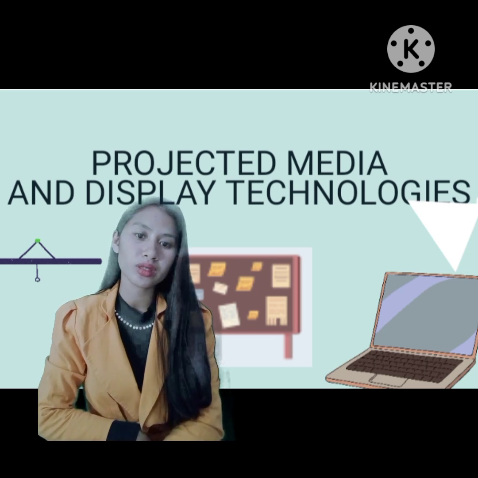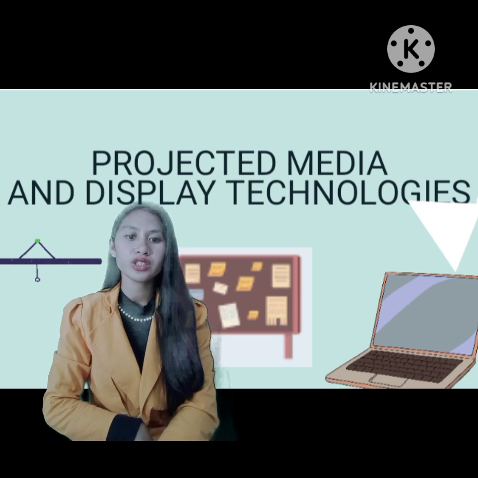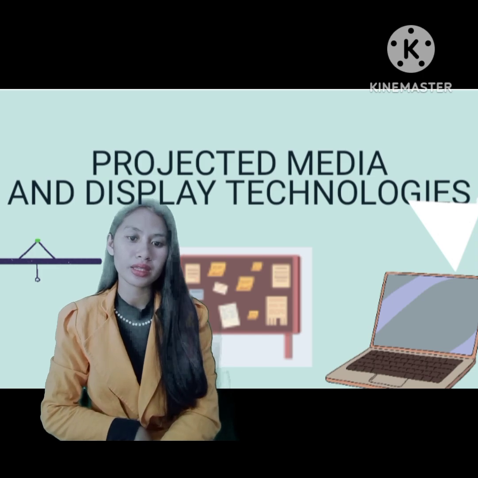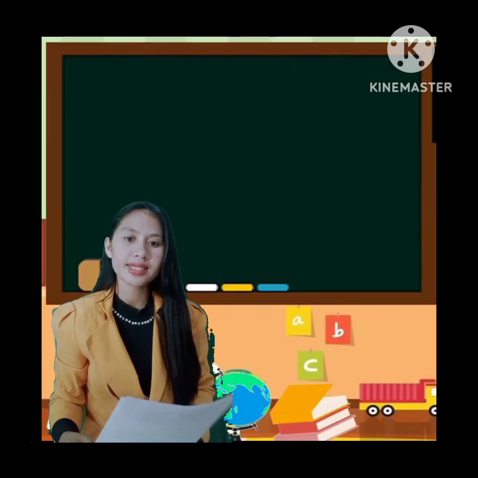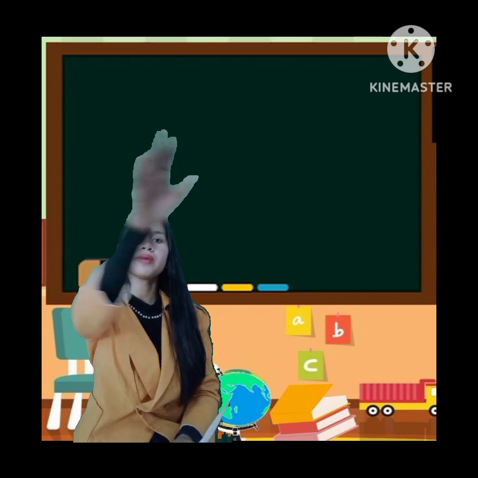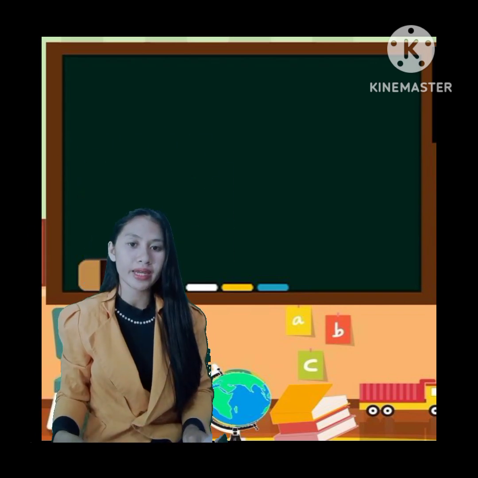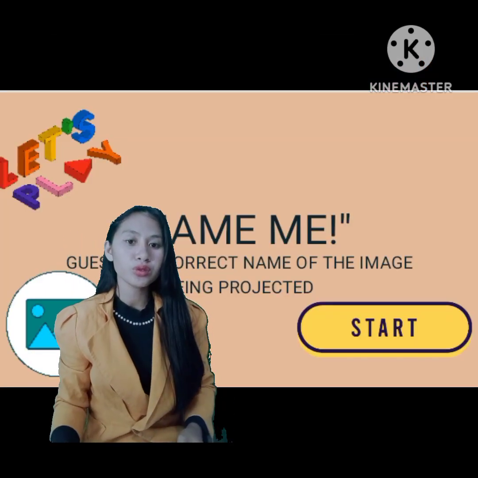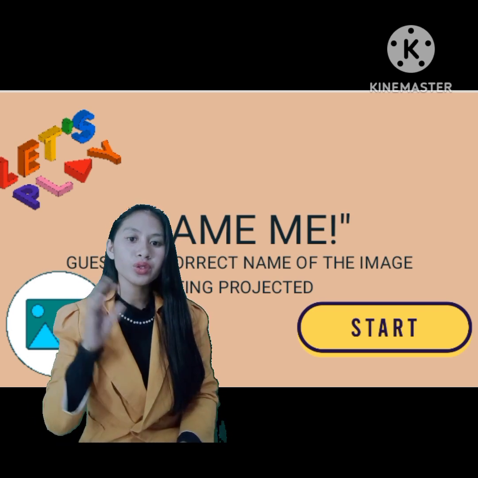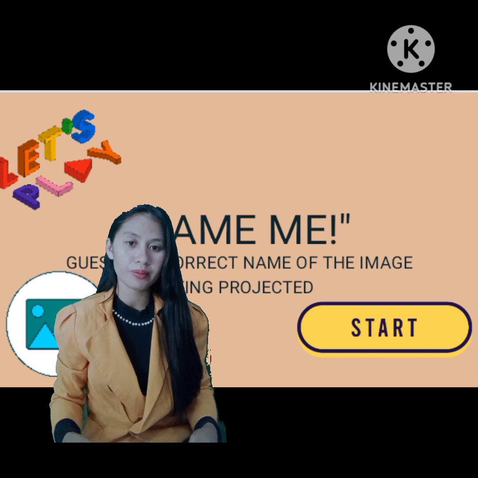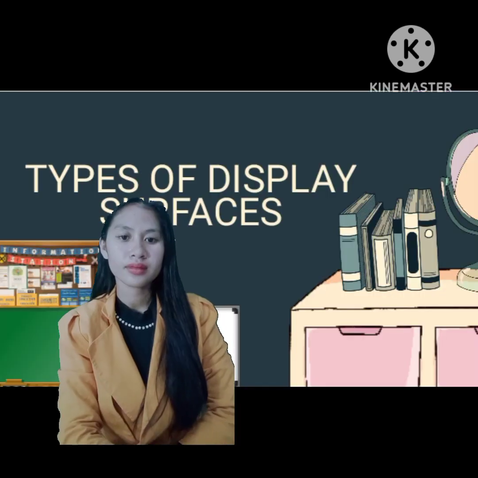But before we proceed, let us have first a short motivational activity. Let's divide this class into two groups, the first group and the second group. We will play a game called Name Me. What I want you to do is give the correct name of the images being projected. You only need to guess the correct name of the images.